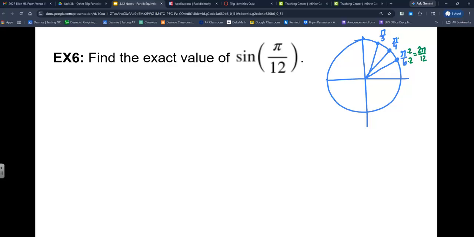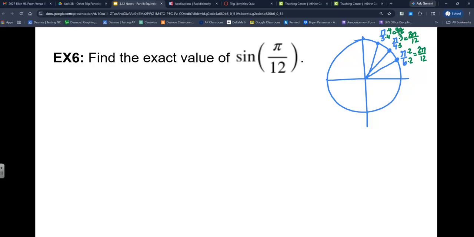Here, I would multiply by 3 on top and bottom, and I would get 3 pi over 12. And here, I would multiply by 4 on top and bottom, and I would get 4 pi over 12. I could do that to the whole unit circle if I wanted to. It is the lowest common denominator you could use for the whole unit circle.